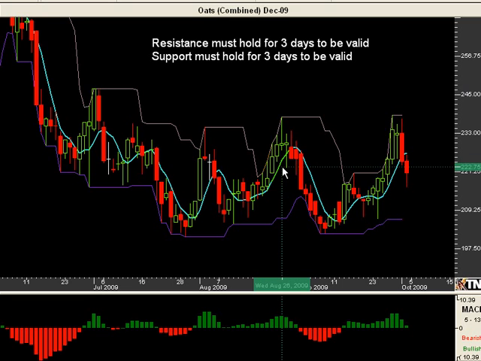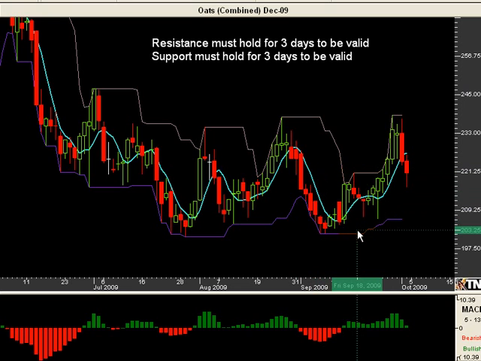I want to point out that our trend is a very loose definition using this system. We will buy or sell regardless of direction, so long as the appropriate side of the channel gives way. Now that actually takes a lot of pressure off of us as traders, because no longer are we having to decide what the trend is.